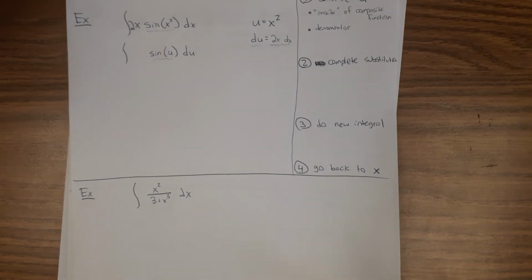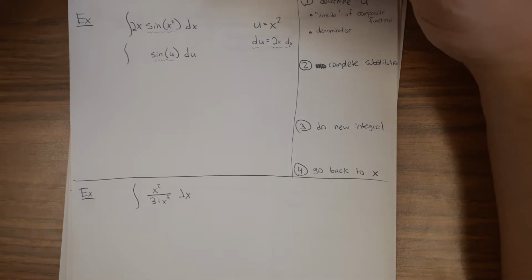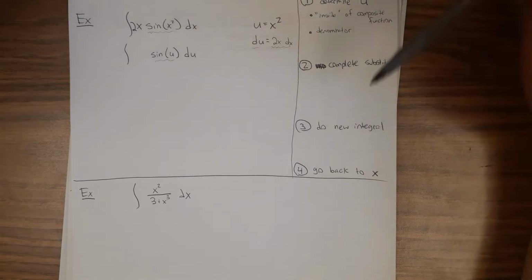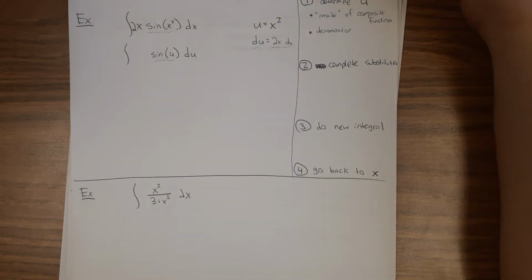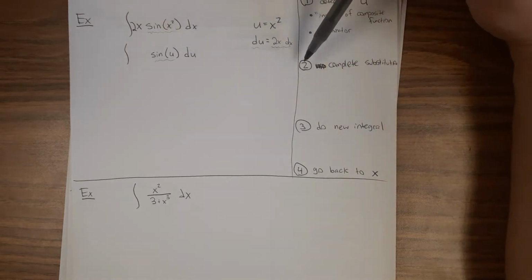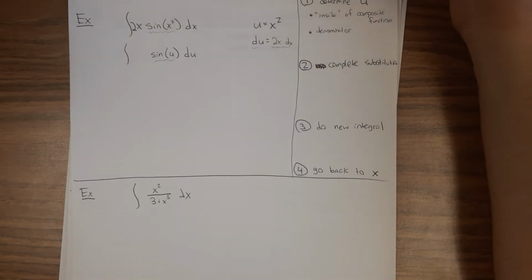Now, with u substitutions, it's not like a magic bullet, so to speak. You're always going to have to do whatever the new integral is, and that's step 3. So we're always hoping that when we complete step 2, we actually get something that we're able to find the antiderivative of.